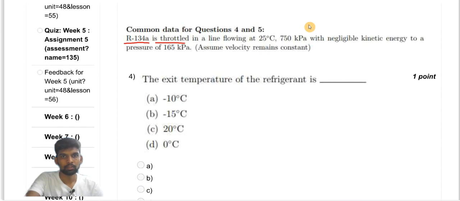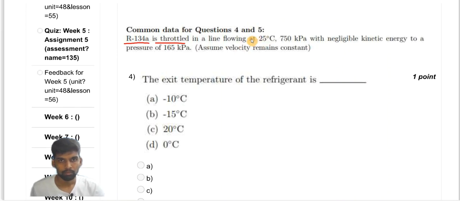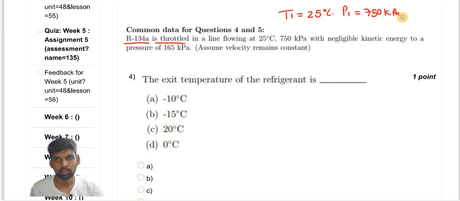Then what we have is T1 as 25 degrees Celsius and P1 as 750 kPa. Negligible kinetic energy means V1 is nearly equal to 0. P2 is 165 kPa.